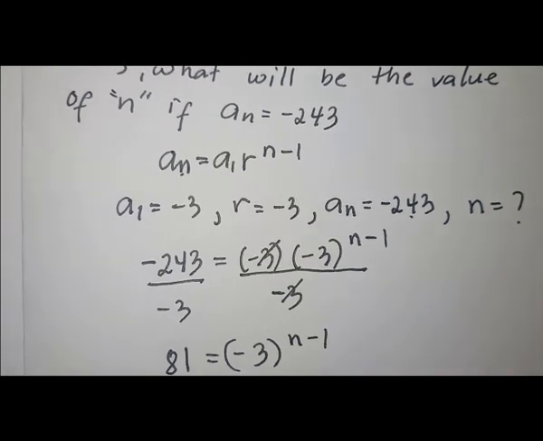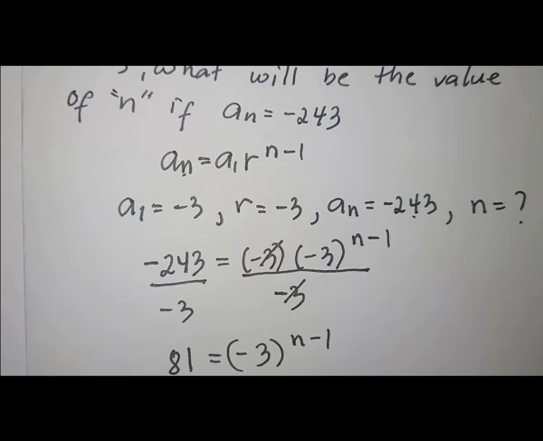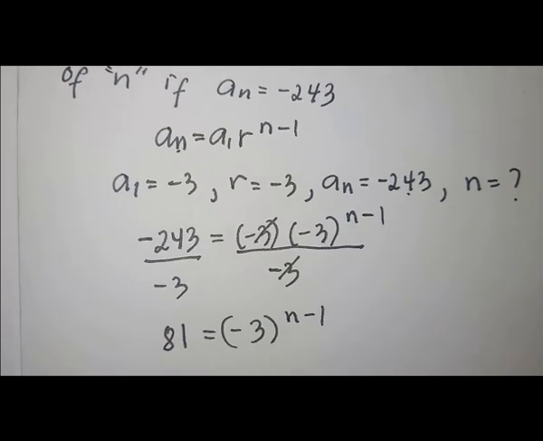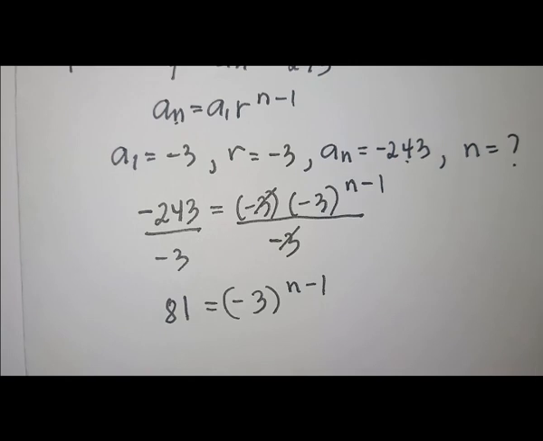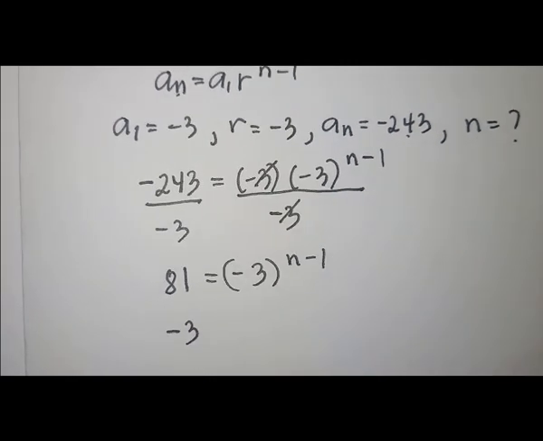So, ngayon, ang kailangan natin, yung 81 maging parehas kay negative 3. Okay, so paano yung gagawin natin dyan? So, yung 81, kailangan maging parehas sila ng base na negative 3. The question is, ilang beses nating i-multiply si negative 3 sa sarili niya para makakuha tayo ng positive 81.